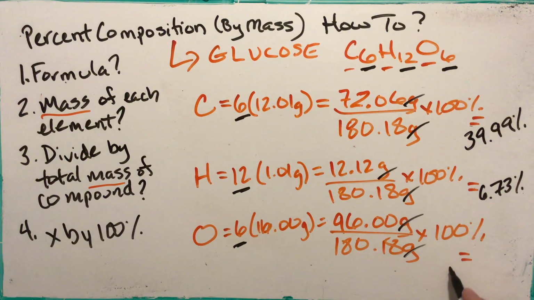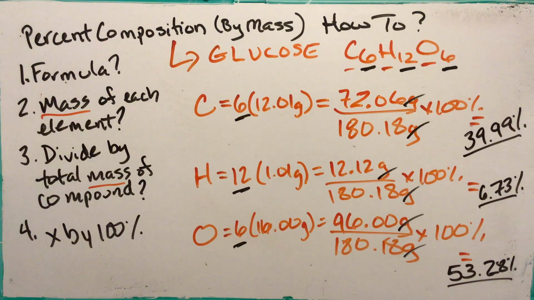And oxygen, 53.28%. I have to kind of put them down a little bit, and in a different color so that you'll see it. So this was oxygen, that's hydrogen, that's carbon. I'm getting close to the edge of the space I can write on. Anyway, that's it. That's percent composition for glucose.